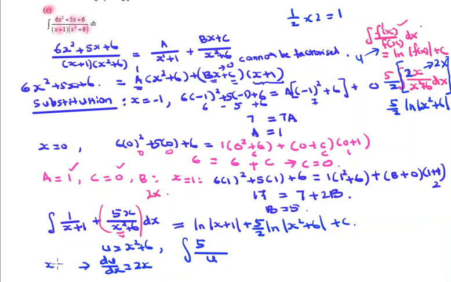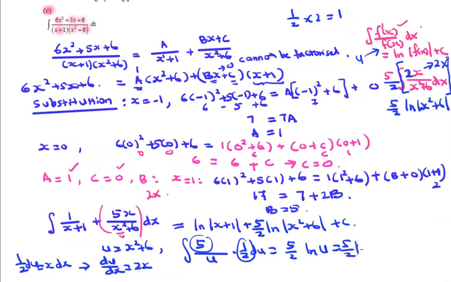Our x dx is equal to half du. Bring 2 to the bottom part. So this is half du, equal to 5 over 2, 5 times half. Integrate 1 over u is ln u, which is equal to ln, substituting u as x squared plus 6. This is the way we solve it by using the substitution method.